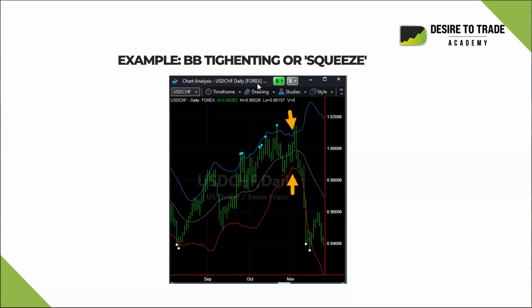Right? It's an example of tightening, right? Where you have chop that's established. But what it's also doing is when the initial hint of bands starting to squeeze, and you can measure the distance between the two. That's how I do it. So I'm not looking at it visually. I'm looking at the distance between the red and the blue.